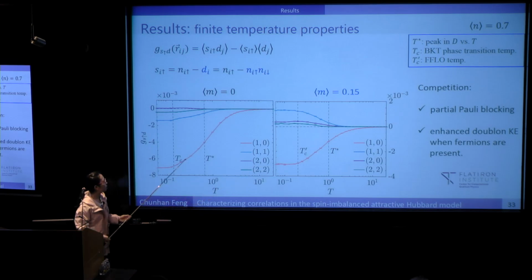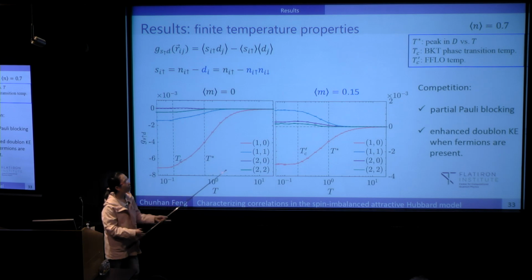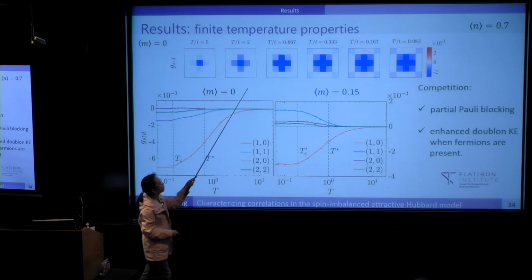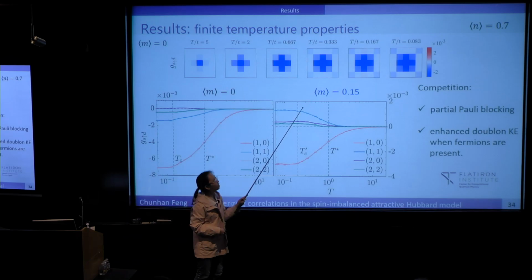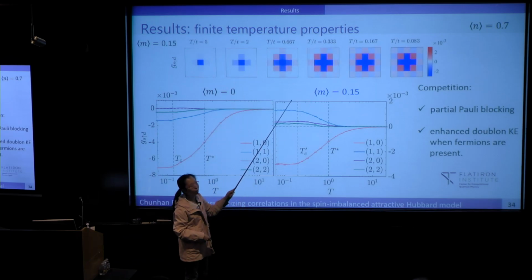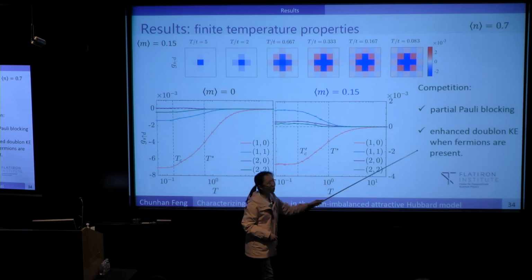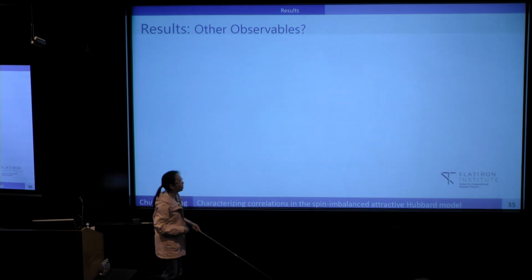When T is smaller than TC or TC prime, the magnitude becomes almost flat. Here are the patterns for the spin-balanced one, which basically reflects the Pauli exclusion, and this is the pattern for the spin-imbalanced case, which reflects the competition of these two effects we just discussed.